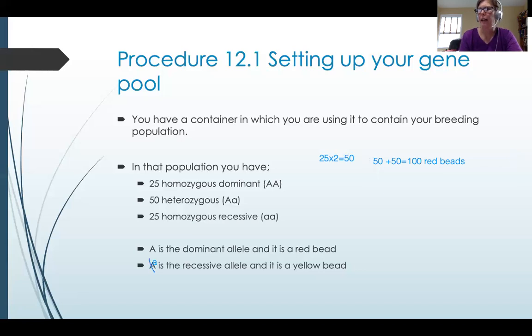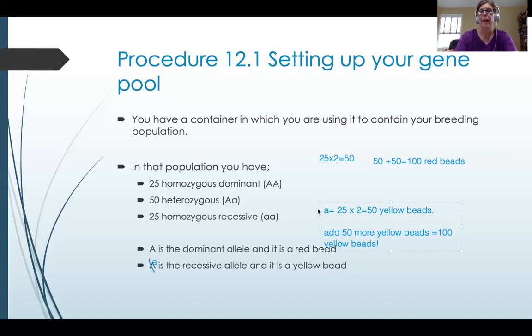Okay, so now, if I don't throw my computer out the window, I have to figure out my little a. My little a is going to equal 25 times 2, which gives me another 50 yellow beads. But that's not all the yellow beads I have, because I also have that 50 heterozygous. So I have to add 50 more yellow beads, which gives me a total of 100 yellow beads.